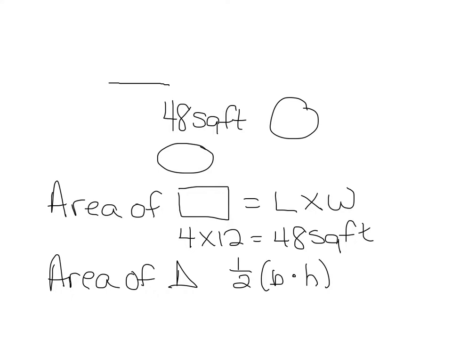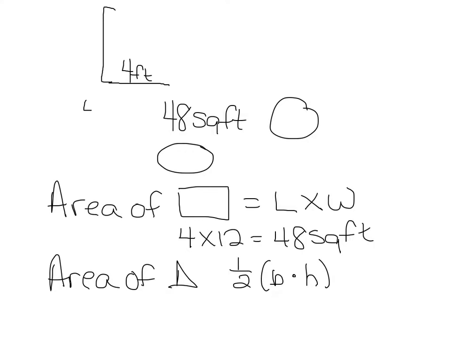Now this one's going to be just a tiny bit trickier because we don't have all of the information. In order to find the base of the triangle, it's this piece right here. Well, we know from here to here is 8, and this total is 12. So that means that the base is 4 feet. Now we also need to find the height, which is going to be right here.